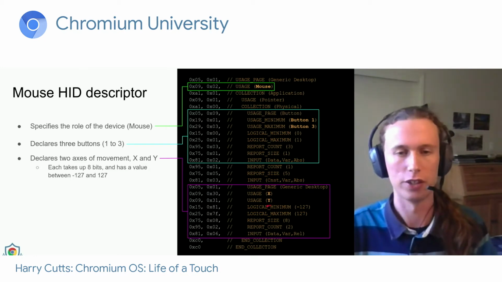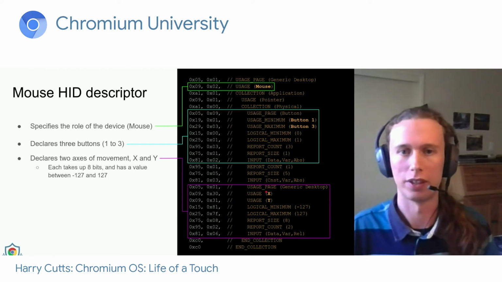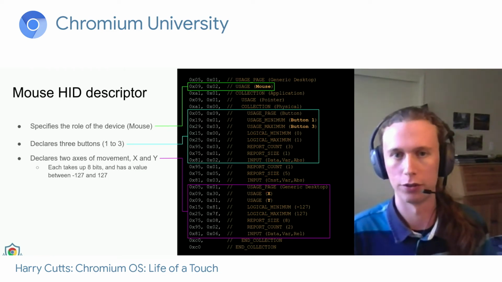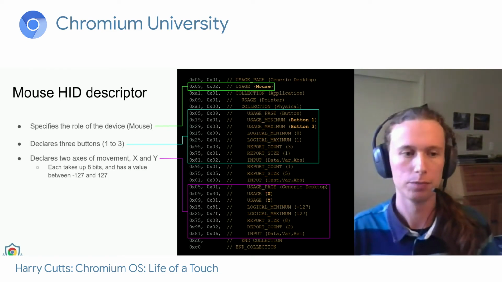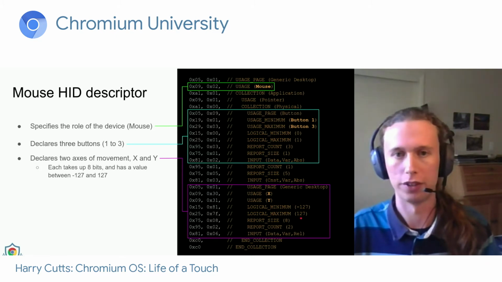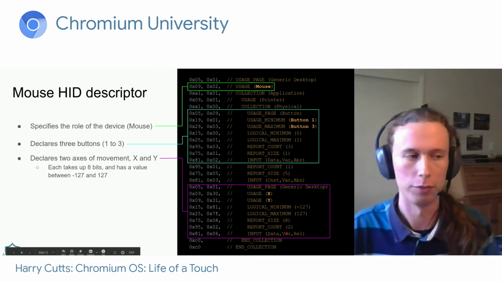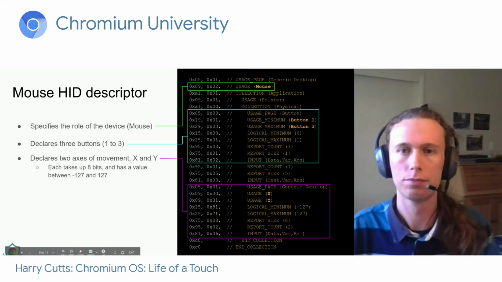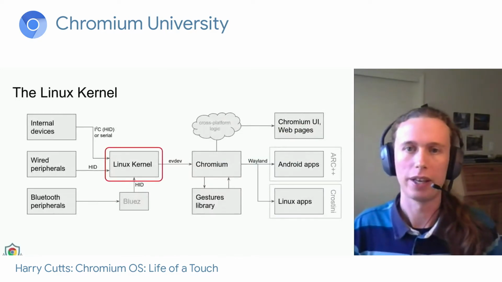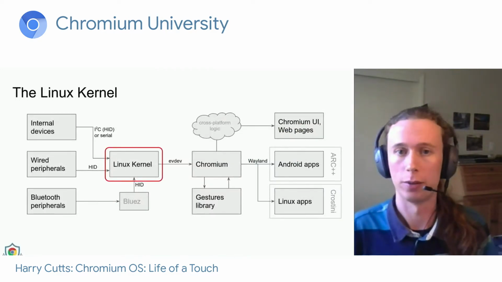So usage X and Y, and these have meanings. So there's a table of all of the different usage codes and how they should be interpreted. And again, minimum -127 up to 127, and then here 8 bits each, and there are 2 of them. So now we have a way to communicate this data.